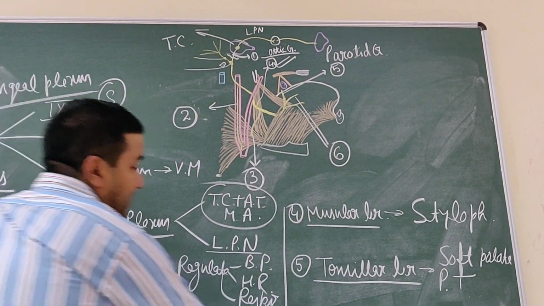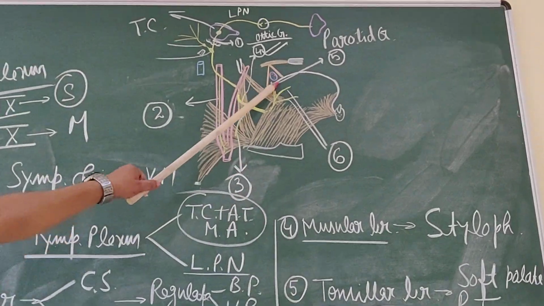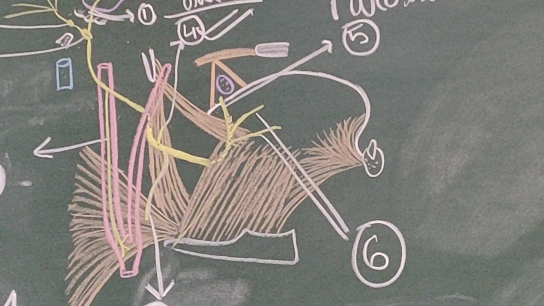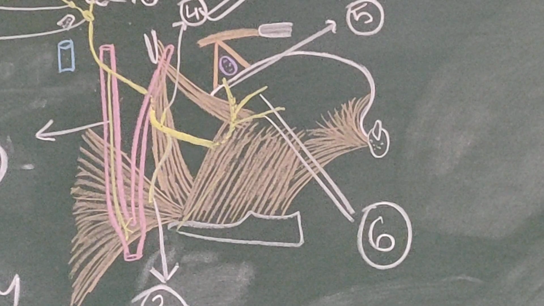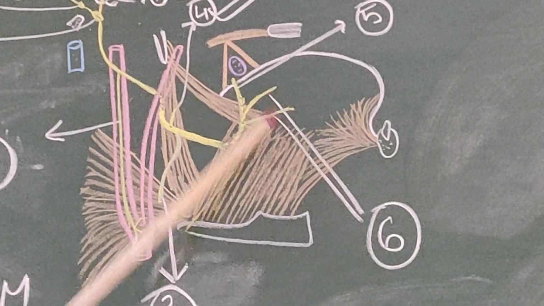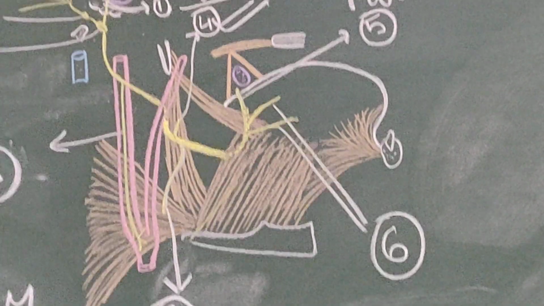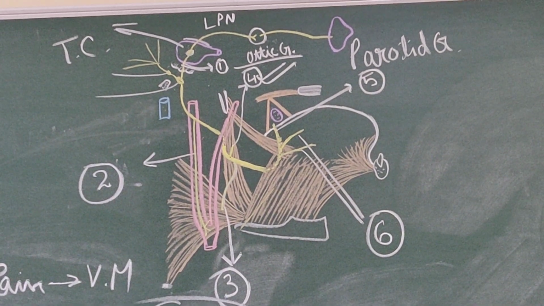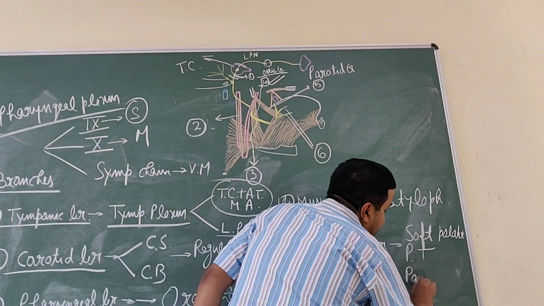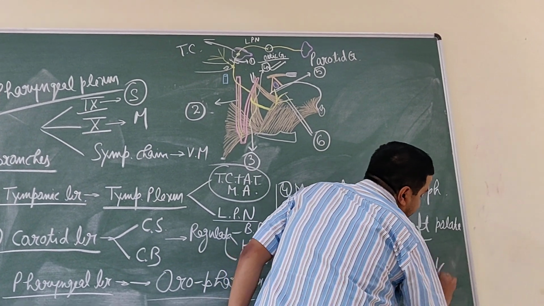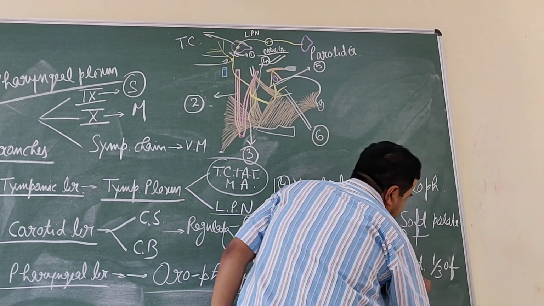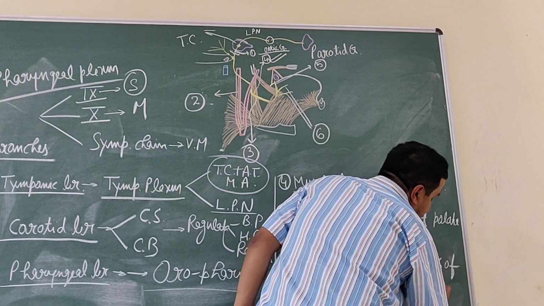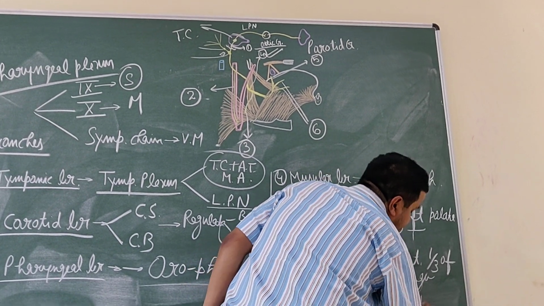Now the lingual branch. The lingual branch is generally 2 in number, and they supply general sensation as well as carry taste sensation, and they supply the posterior 1/3 of the tongue and circumvallate papilla.